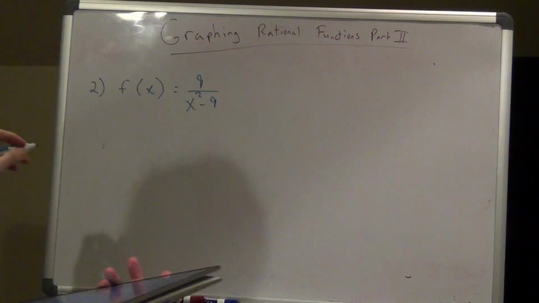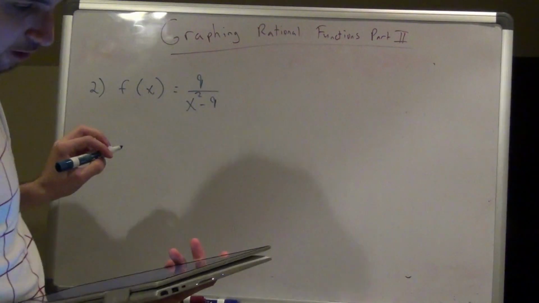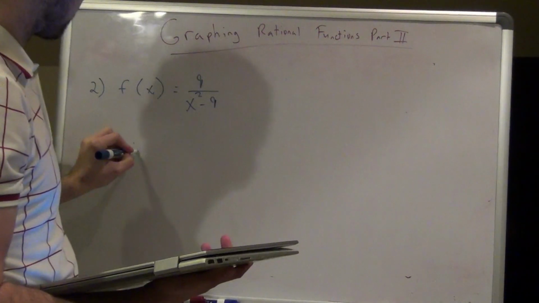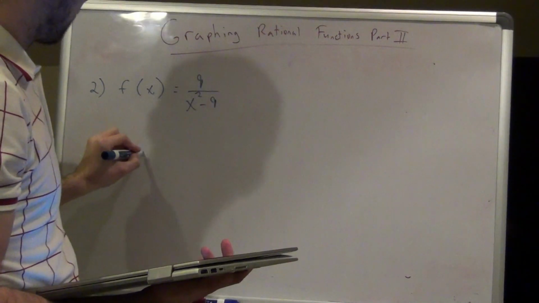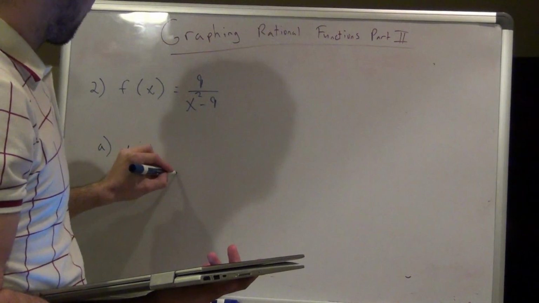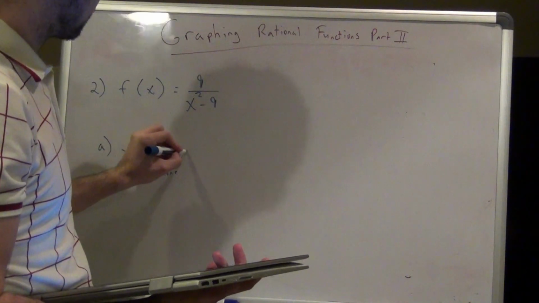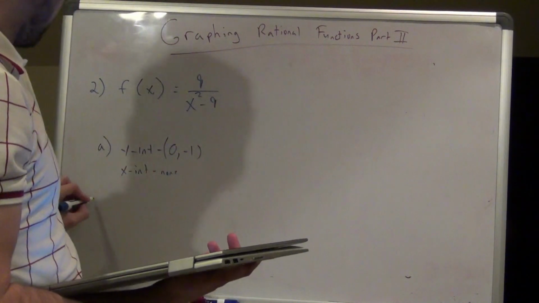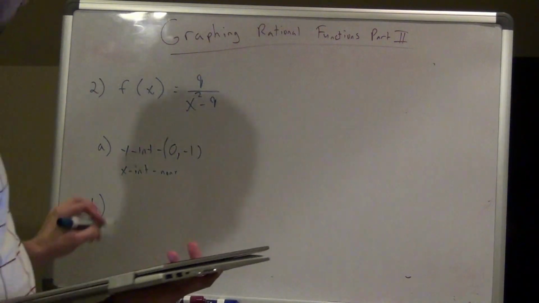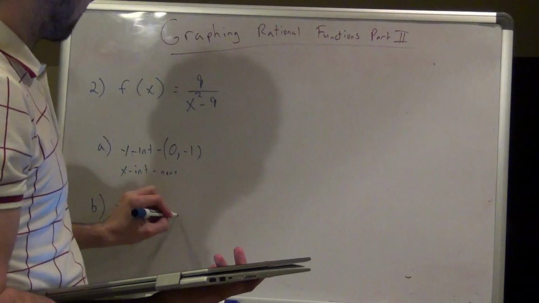Okay, so we found here that this problem had no x-intercepts, and had a y-intercept of 0, -1. Then we figured out that there were two vertical asymptotes, 3 and -3.